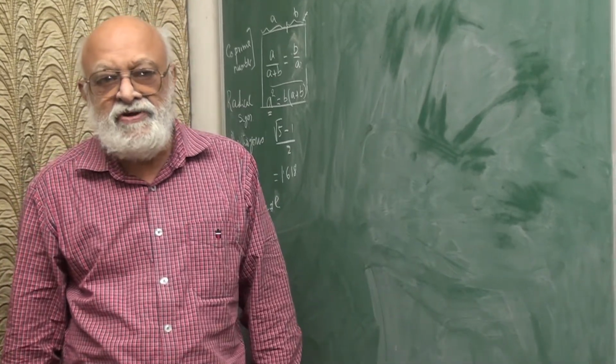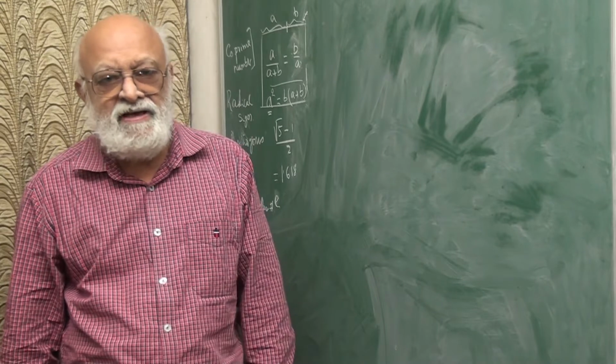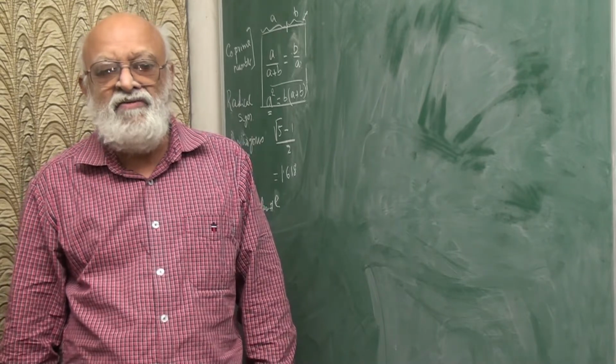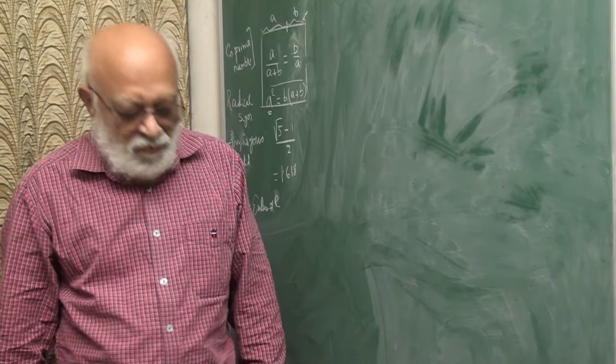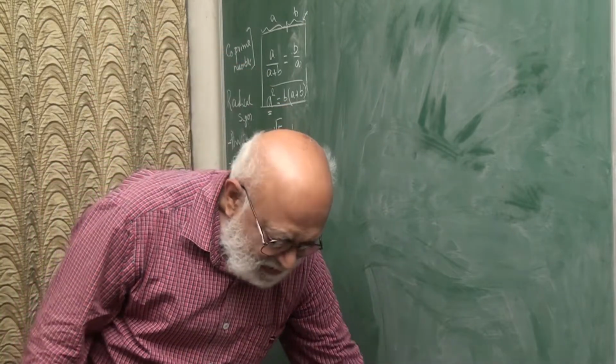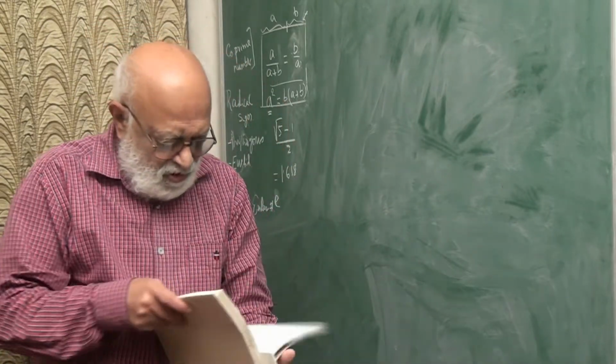We are going to continue with our chapter 1, and I think this would be our last video where we are going to discuss rules of power of this thing.